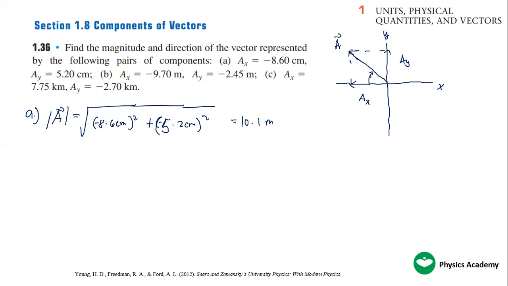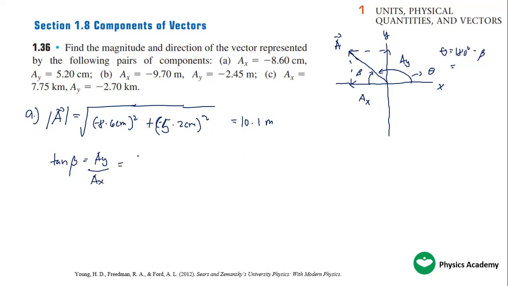Okay, to find the angle theta, the direction. Say for example, you want to find this beta here, and from the positive x-axis, we label this as our theta. So your theta is just equal to 180 degrees minus your beta. But you need to find first what is beta. Tangent of beta is equal to the opposite, which is AY, over the adjacent AX.